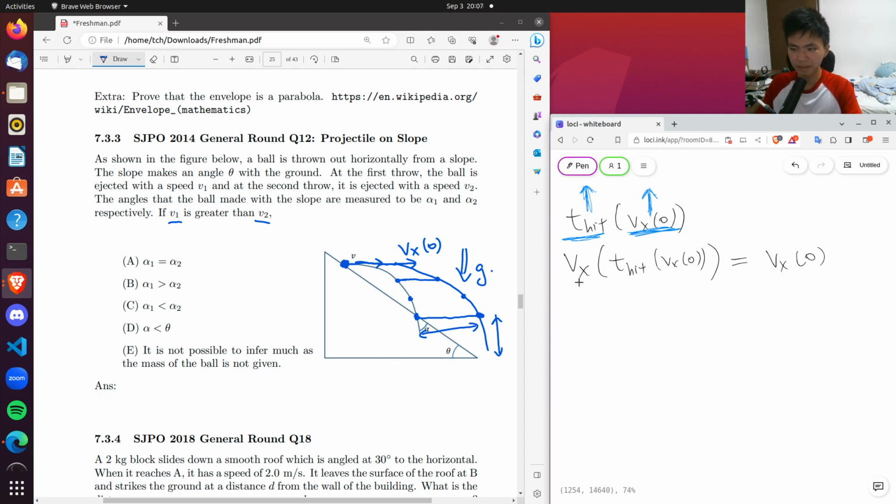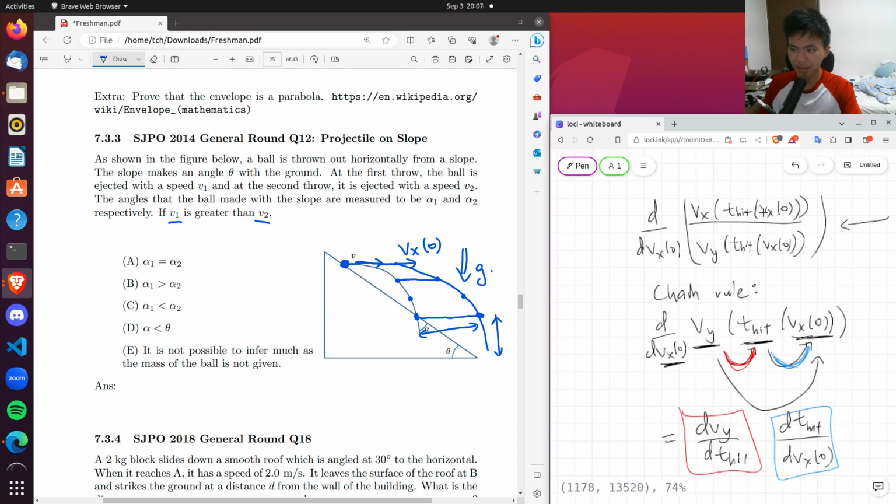So this is the dependence of Vx at the time of hitting with respect to the initial velocity. We can see that as the initial velocity increases, the velocity when it hits increases linearly with respect to the initial velocity. Okay, so this is our first dependence.